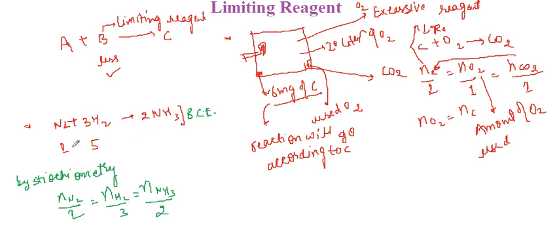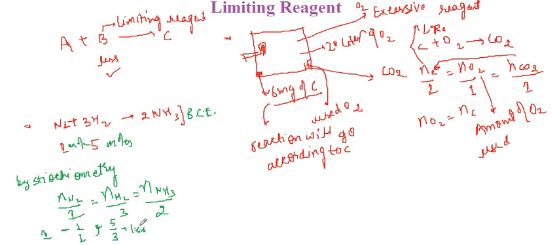So we know that 1 mole of N2 and 5 moles of H2 are present. We check the moles. N2 by 1 is 1 by 1, which is 1. H2 by 3 is 5 by 3, which is 1.66.